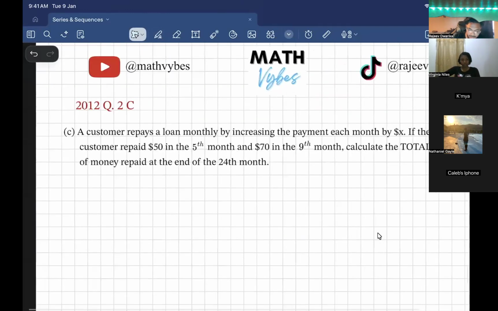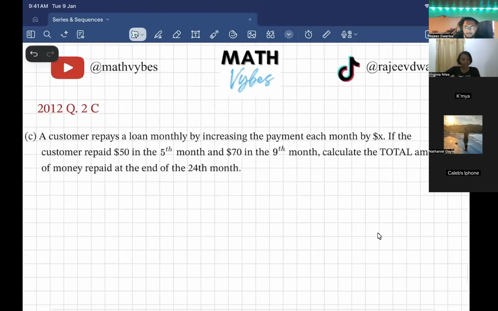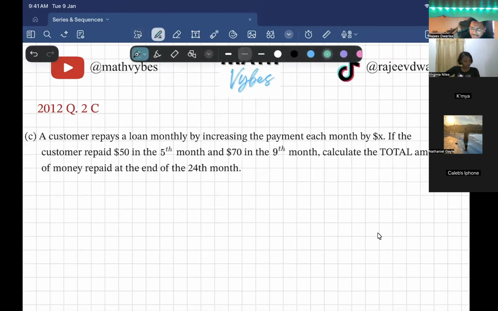Good. Virginia, you okay with that? Yes, sir. Nathaniel, you okay? Caleb? Yes, sir. All right. Now, what is telling us that this is an AP? We just said an AP is when the terms are increasing by a value, like you're adding the same number to continue to progress your sequence.